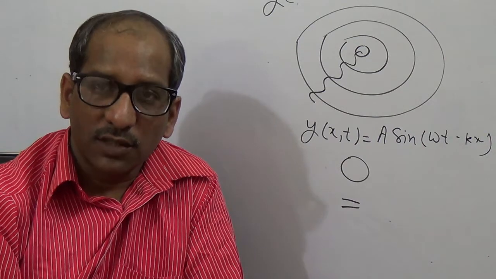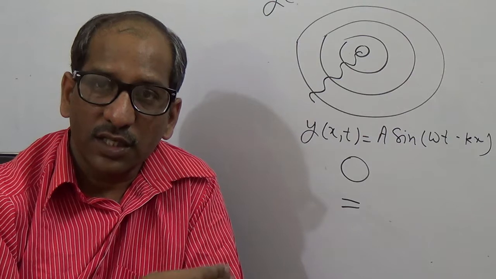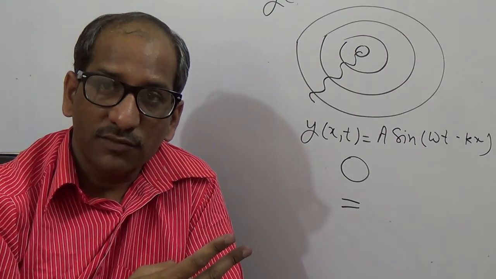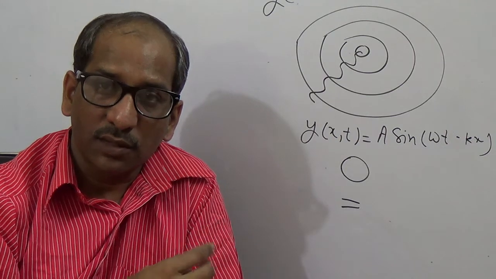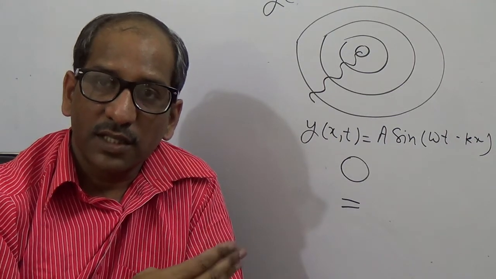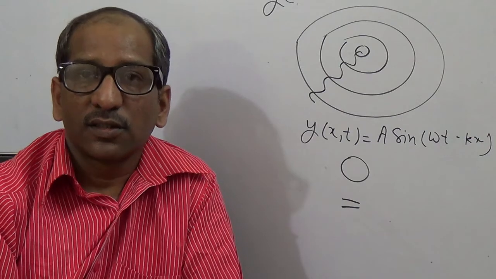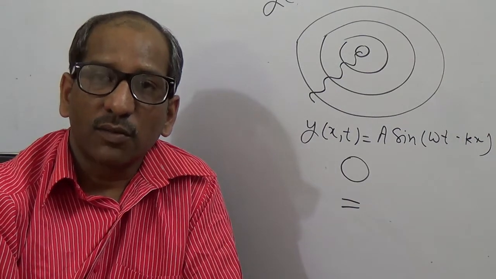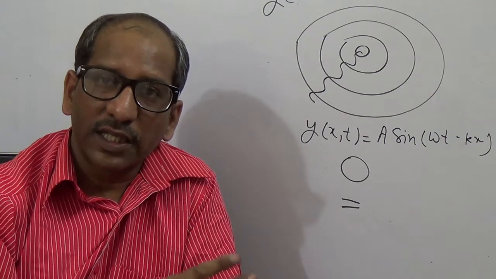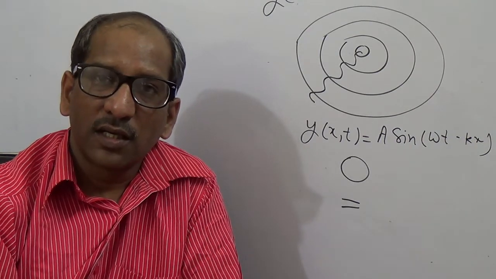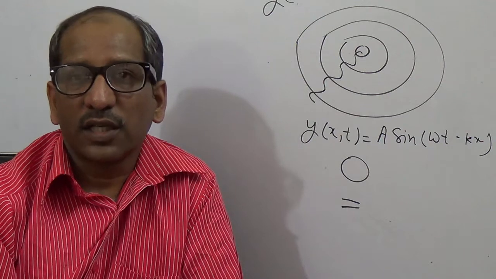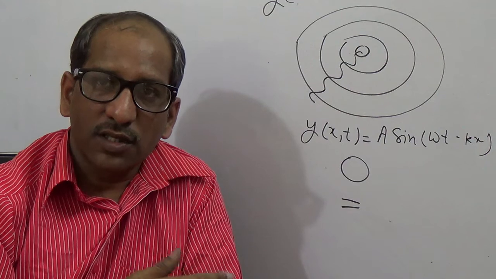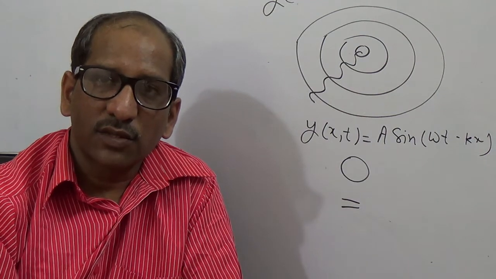So I am giving the same importance, the same weightage, to the equal to sign in physics as zero has in mathematics and at other places. A displacement of any object, whether a body or a particle, is equivalent to a sine wave. I will discuss more about it in the next video.